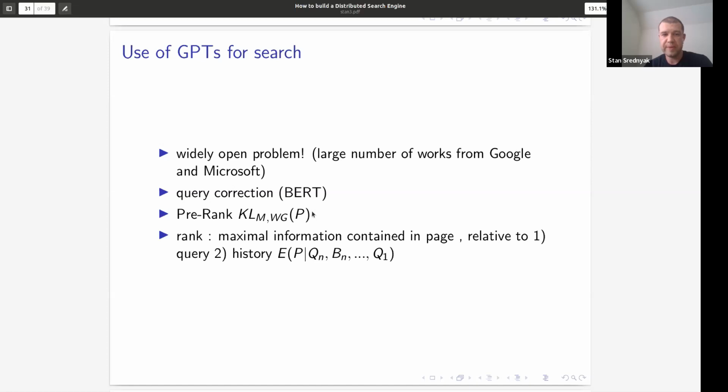So one of the problems is, how do we use transformer models to pre-rank pages based on the amount of information that they contain.